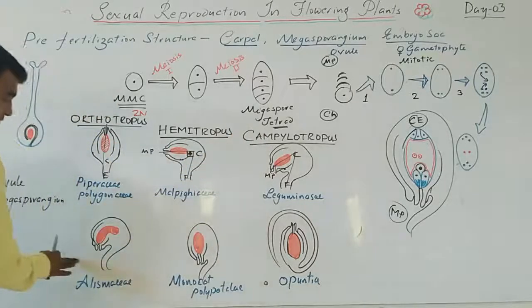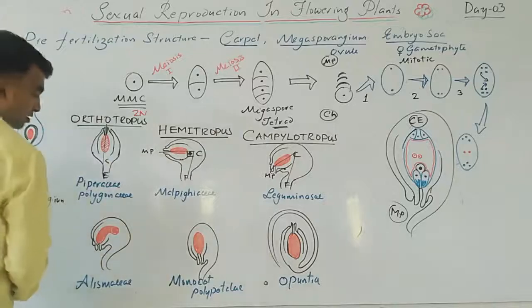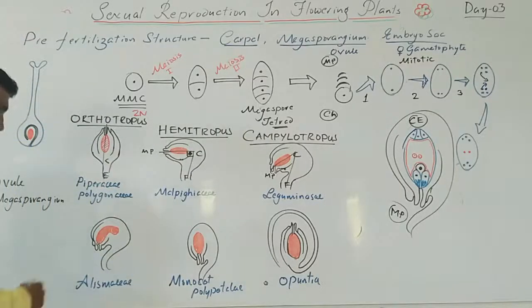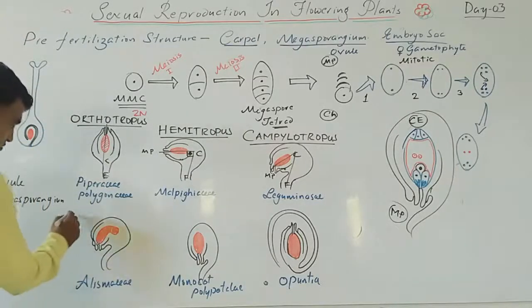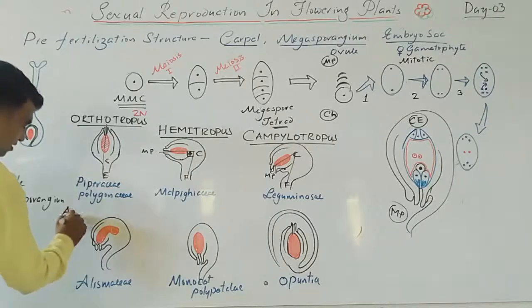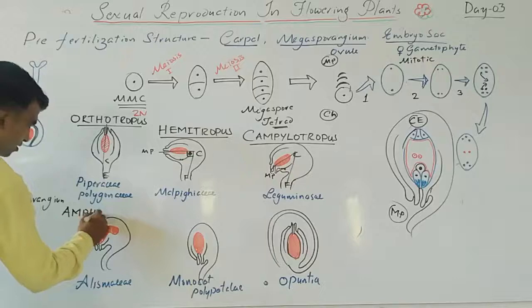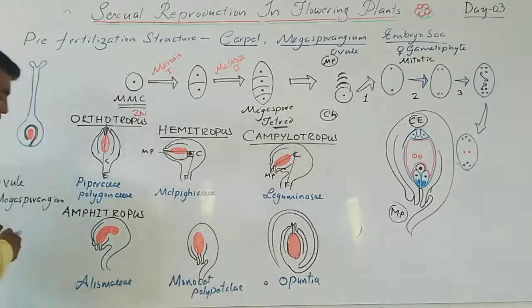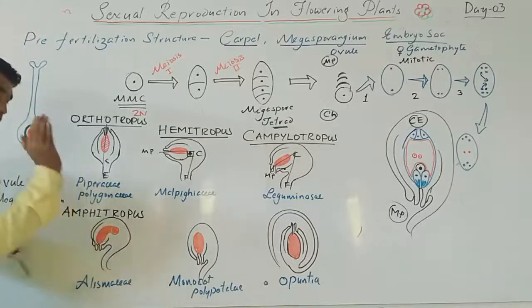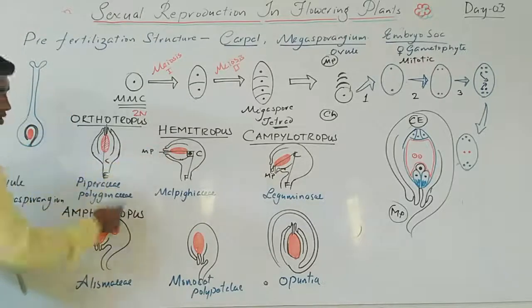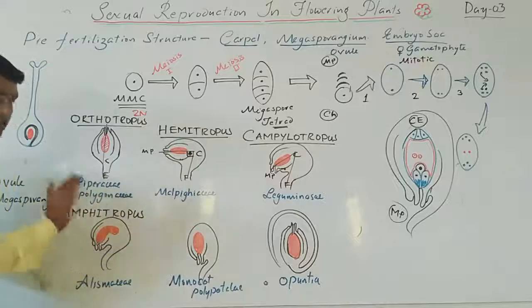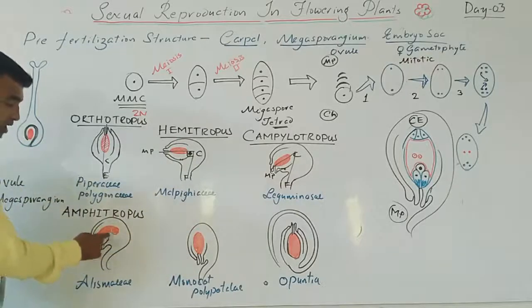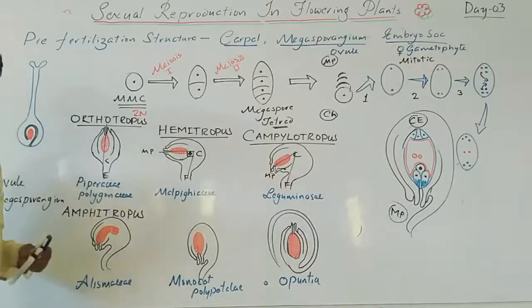Still three are there. Now look here, this is amphitropous. Here also curvature is there, but the embryo sac is also a little bit curved. In the red-colored dot, the embryo sac has curved. Here the embryo sac is a horseshoe shape.